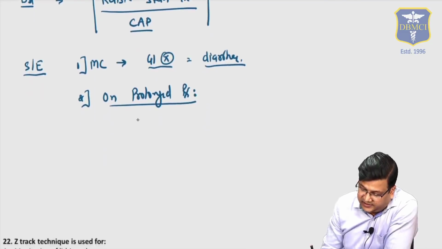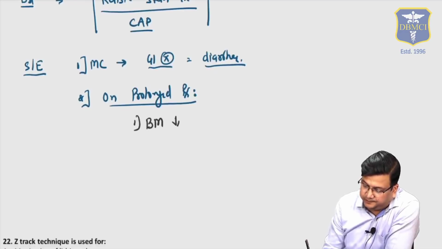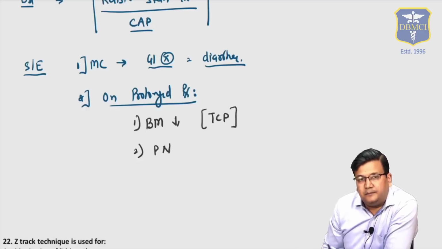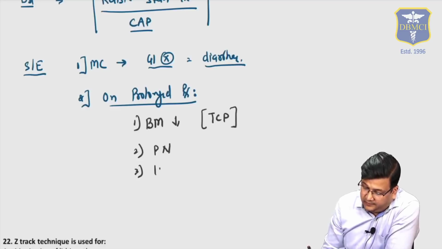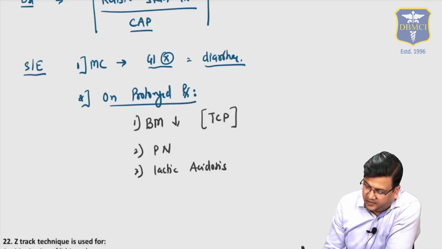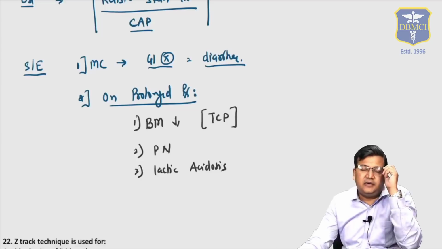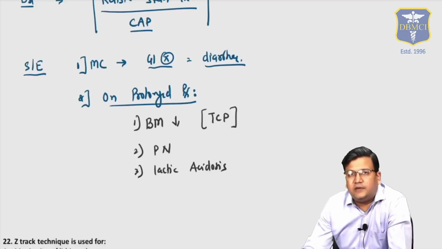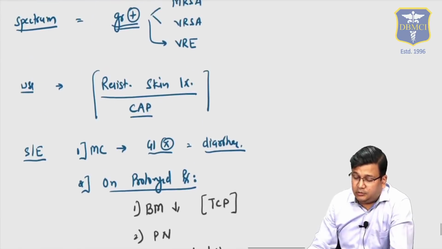What are these additional side effects? Number 1, bone marrow suppression can occur, particularly thrombocytopenia, peripheral neuropathy can occur, and lactic acidosis. So these three problems are seen only on prolonged use. They are not a very common problem. So this is about linezolid.